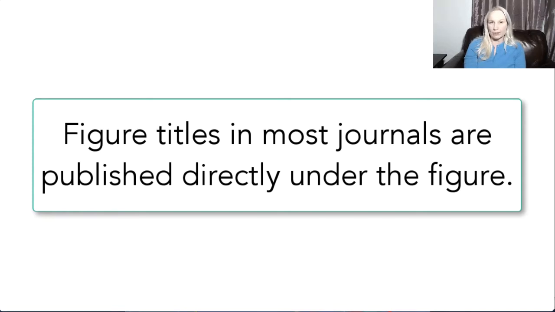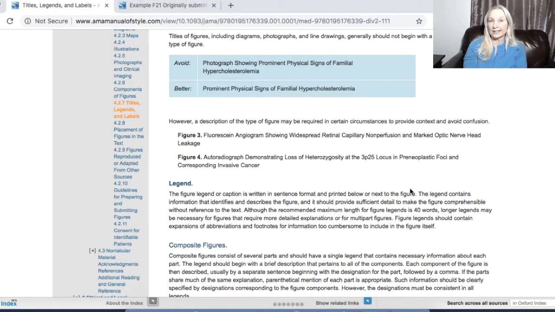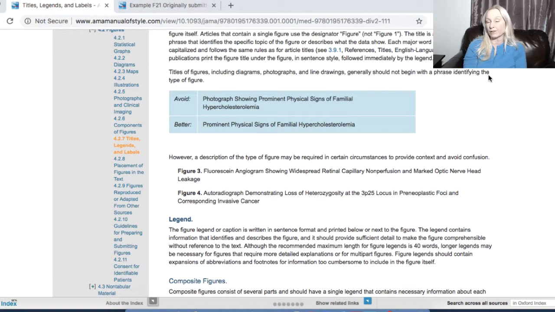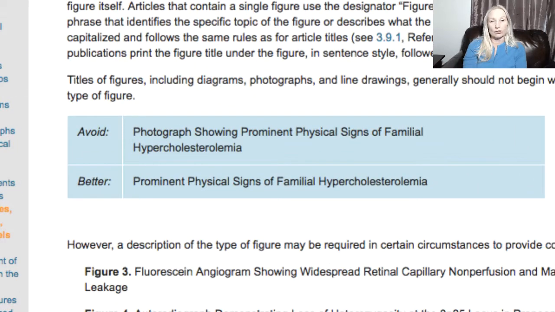I always remember for myself that tables begins with T and therefore their title goes on top, whereas the figure title does not begin with T, and so the figure title goes beneath the figure. Just a little mnemonic to help remember that. Figure titles should be written as a clause or phrase identifying the specific topic of the figure, and each major word of 4 letters or more of a title should be capitalized, which would follow the same rules as for article titles.